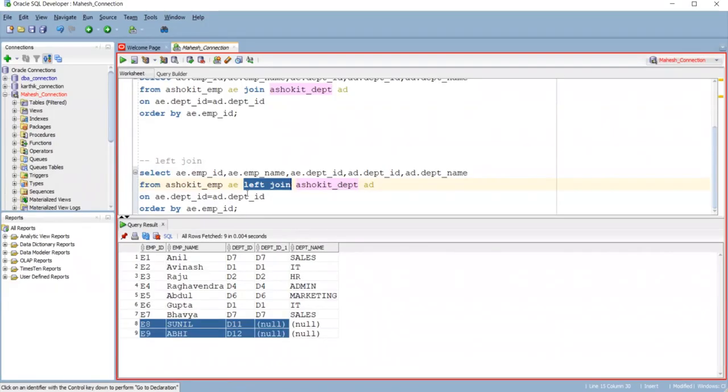That's why we are just working with the left hand side table. What is the left hand side table here? Employee table. Employee table data is important. I wanted to retrieve all the employees and their associated departments. That is my requirement. That's why in the left join, the left table is important.